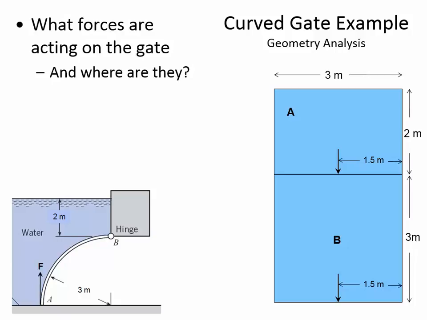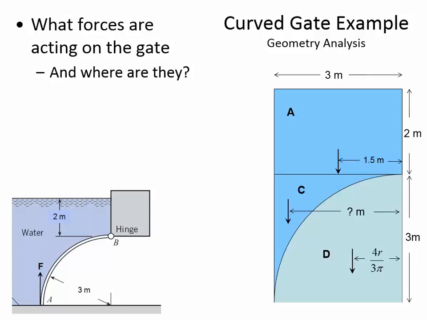So check out this high-grade animation. We've got element B. Everybody understands that element B is where the water would be if this gate wasn't in place. It would be down to the bottom edge, so it's a rectangle that goes from A over here to this bottom right edge, up to B, and then over to the top left edge. That's what this B is.